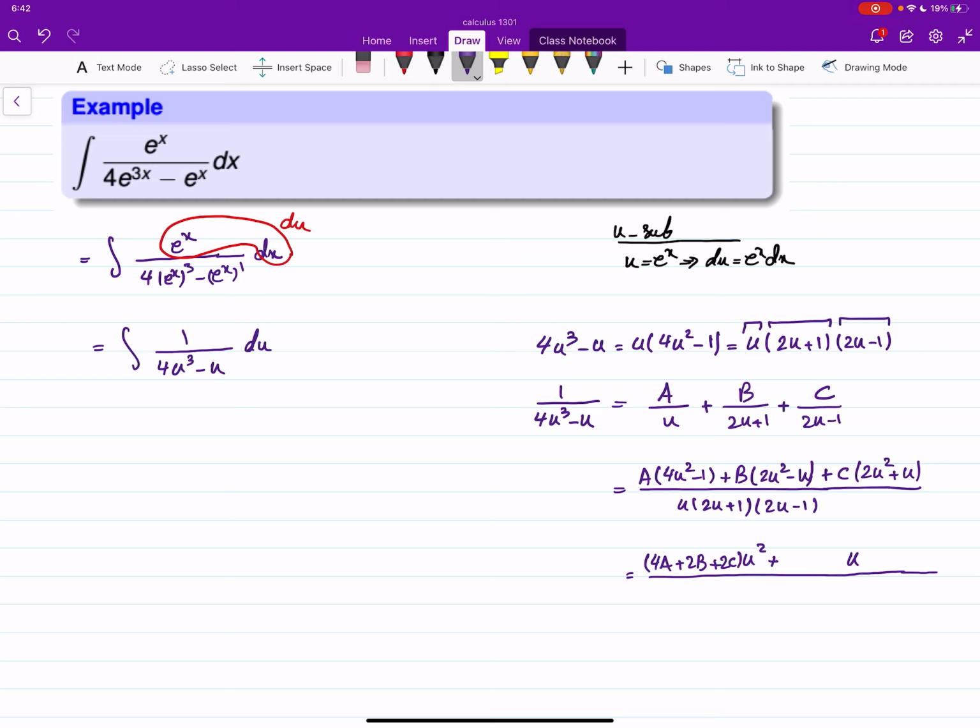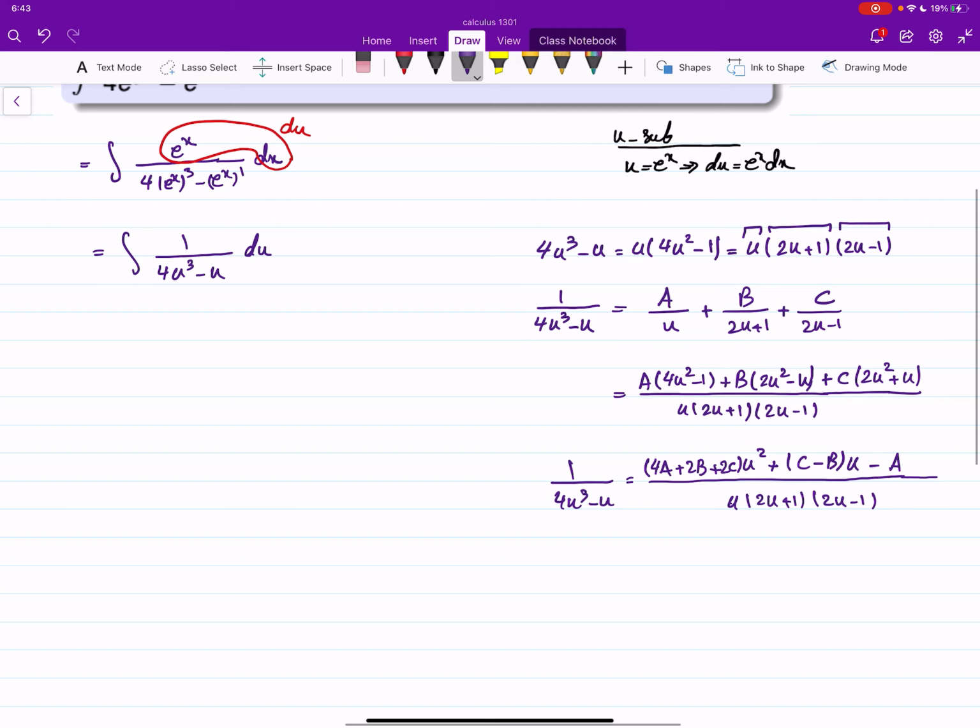Plus the coefficient of u, the second one and the third one has it, and it is c minus b. What about the constant? There's only one constant, and that's a. And in the denominator, if you multiply, you get the same denominator as our original one, but I'll keep it like that. So this implies that my numerators must be equal.